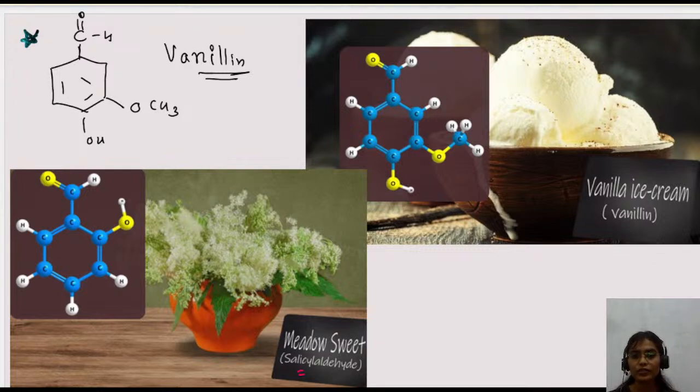We already covered this topic earlier. Let me just write the structure. Which reaction? Don't know? So the Reimer-Tiemann reaction, if you remember, where we use some kind of NaOH, and then CHCl3, chloroform. Carbene formation. We already covered this topic in much detail.